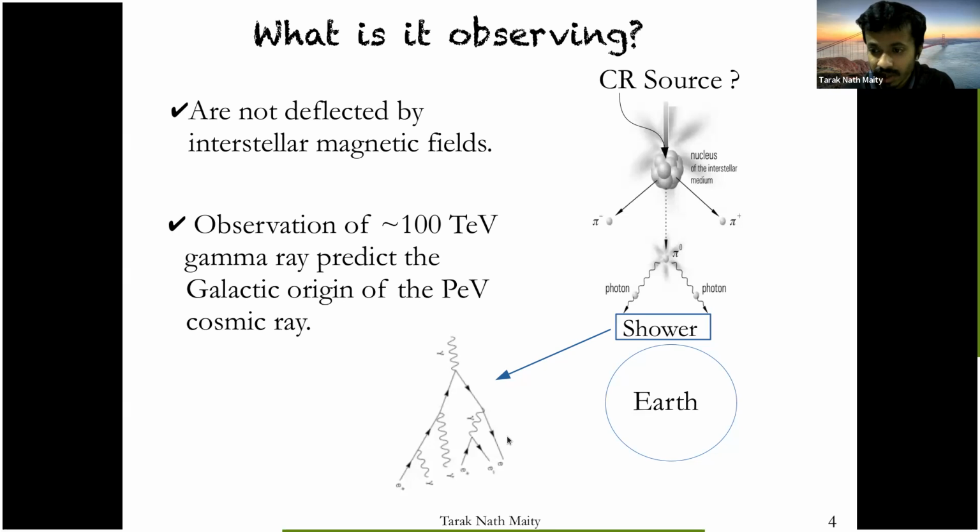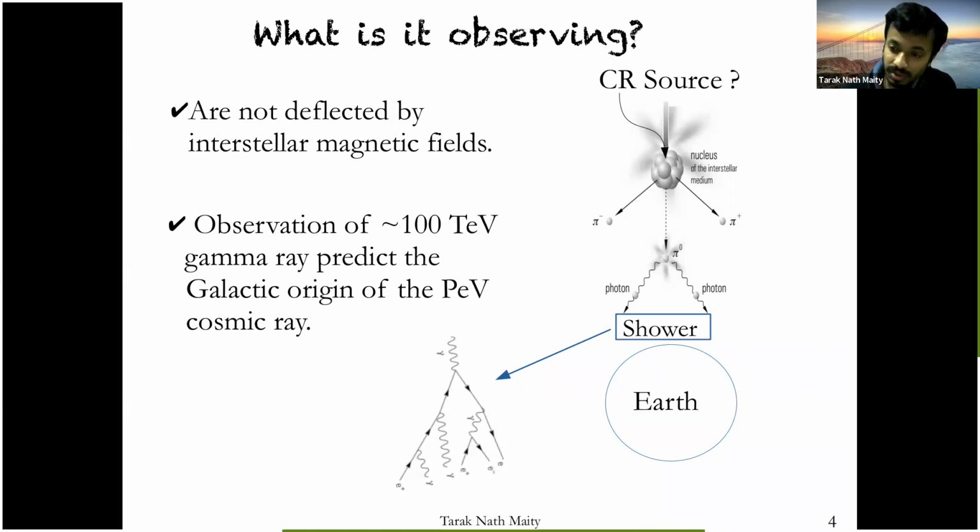Another point that I would like to emphasize is that if you observe a 100 TeV photon, that essentially predicts a galactic origin, because of something called attenuation. A photon of energy of order 100 TeV would interact with background photons, for example the CMB, and pair produce. Because of this process, there is attenuation of high energy photons.